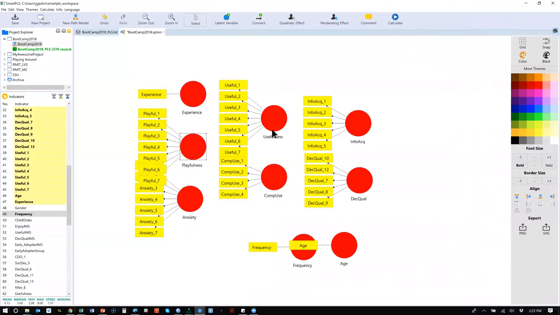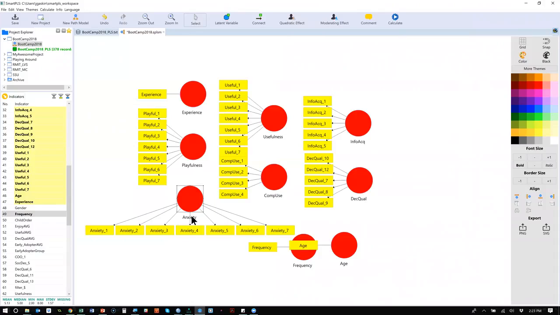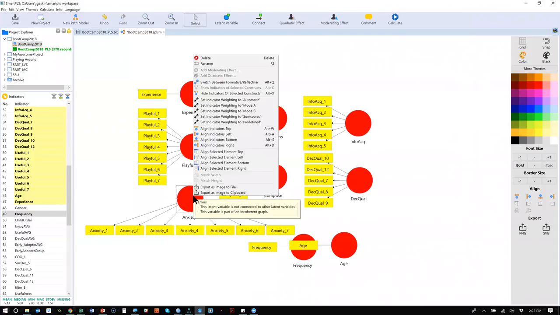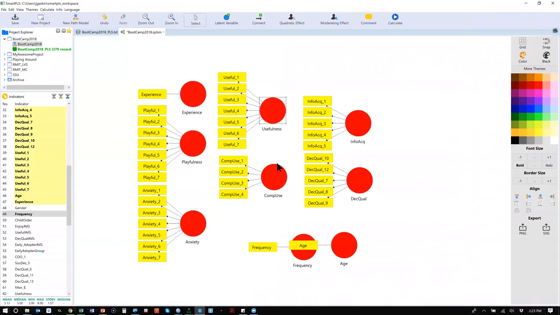But you can also rotate them. So for example, if we want these on the bottom, we can align indicators on the bottom. Like that. Kind of big and messy, so we won't do that. And left. But nice and easy. There we go.